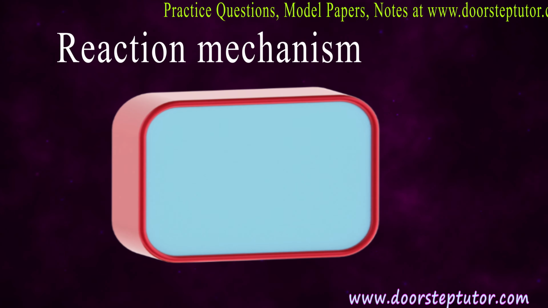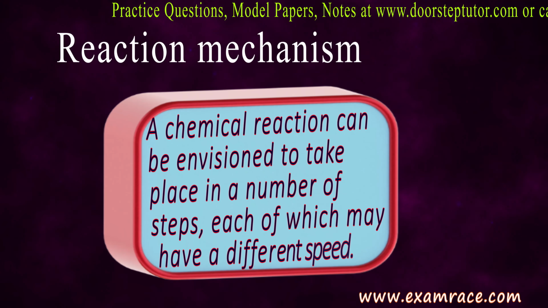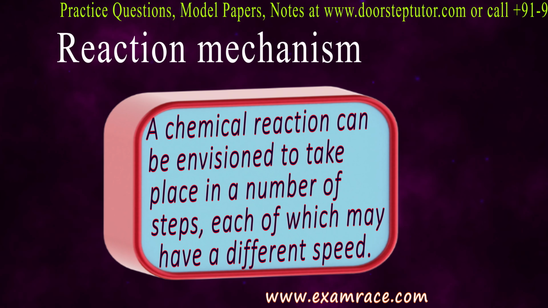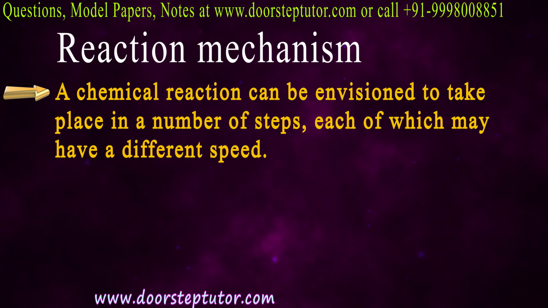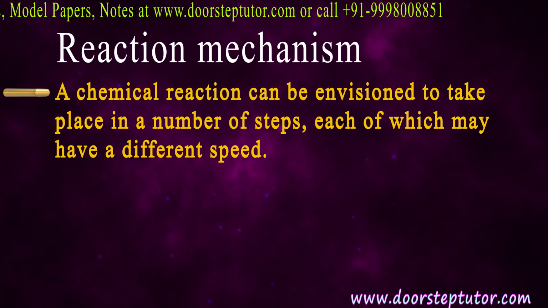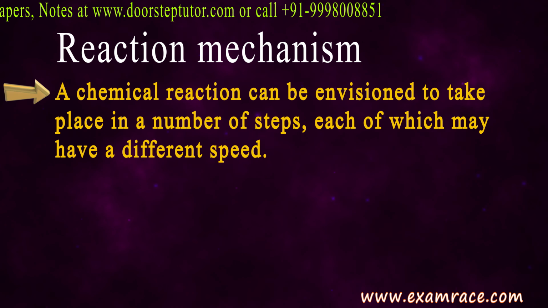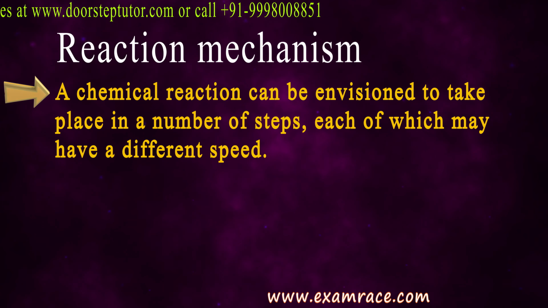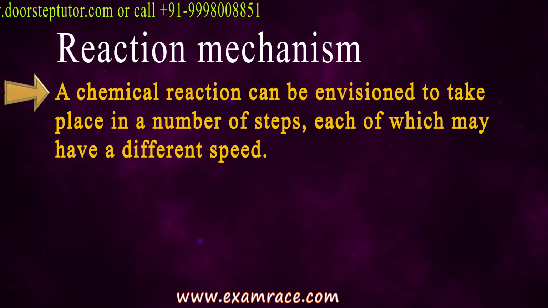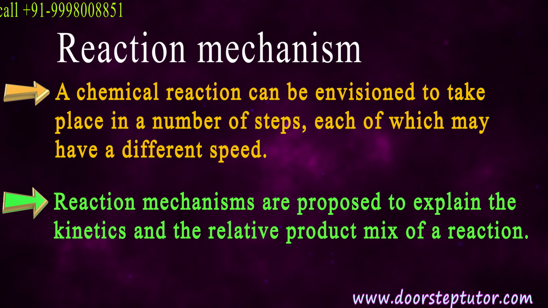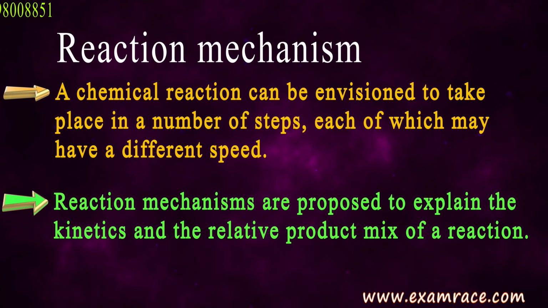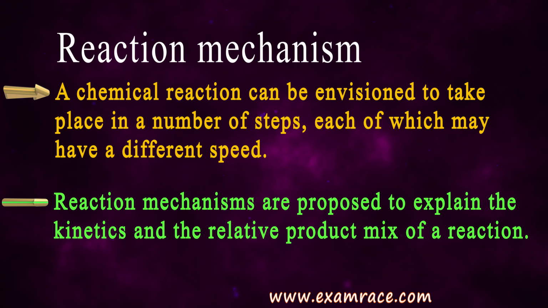Every step has a different speed and different stability of the intermediates. The intermediates which we get during a chemical reaction all have different stability. So reaction mechanisms are proposed to explain the kinetics and the relative product mix of a reaction.